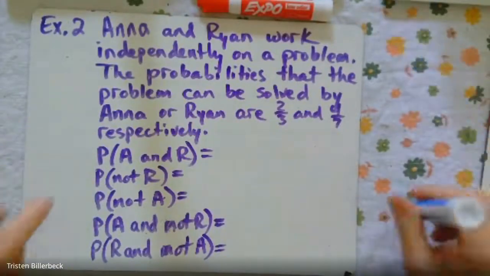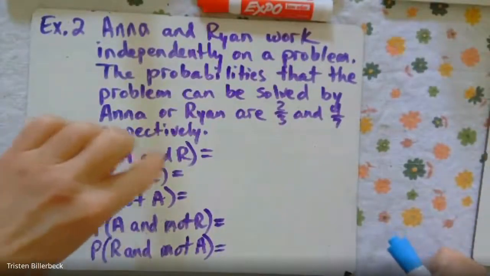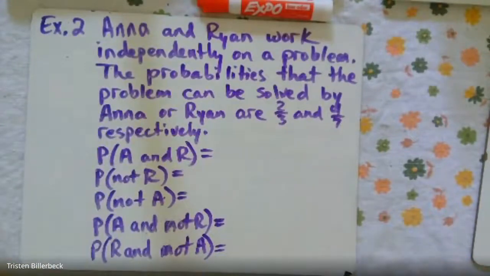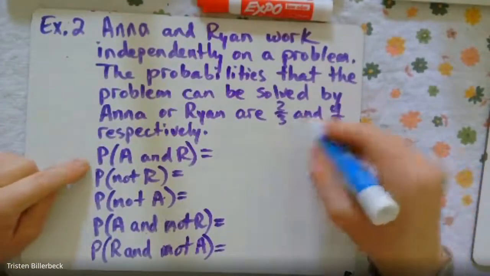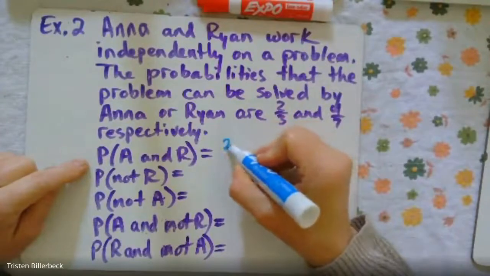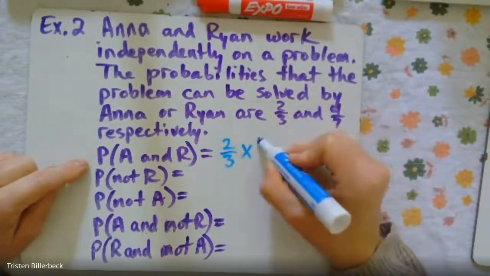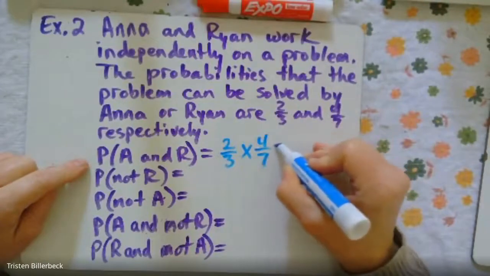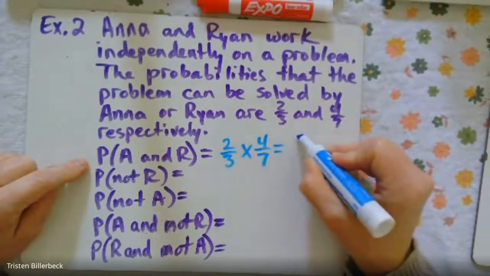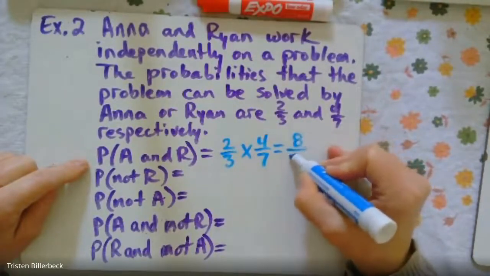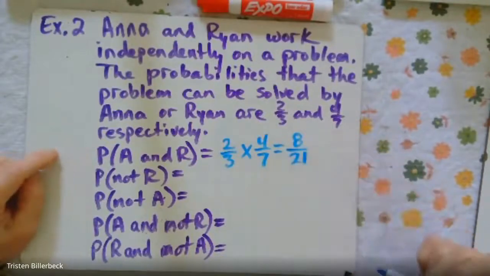All right, so the probability of A and R. If it's an "and," we have 2/3 times 4/7. When we multiply across, that's 8 out of 21.